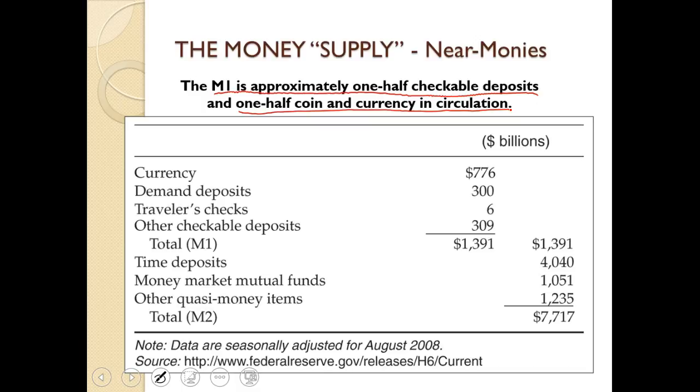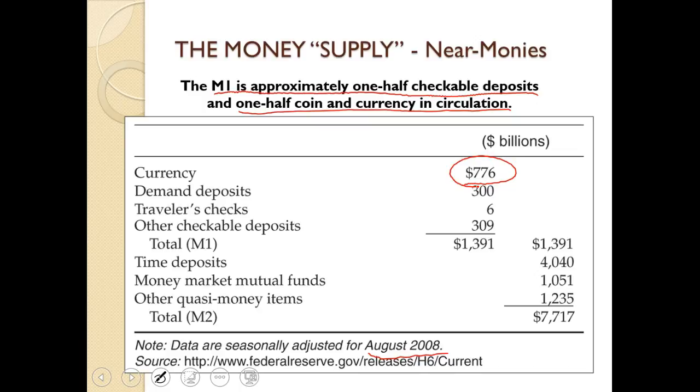So, if we look at this slide, here's an example of M1 in the United States, adjusted in August of 2008. There was $776 billion in currency.